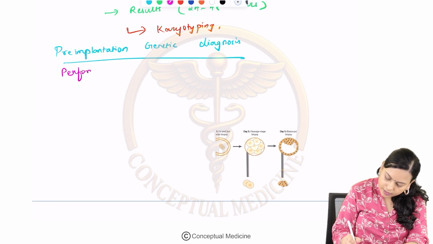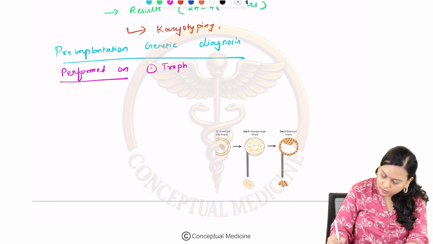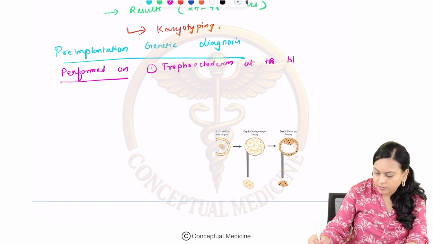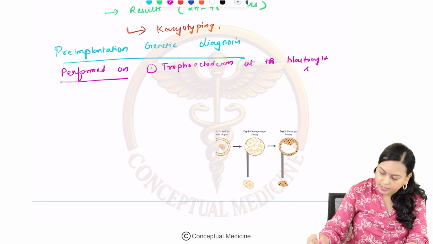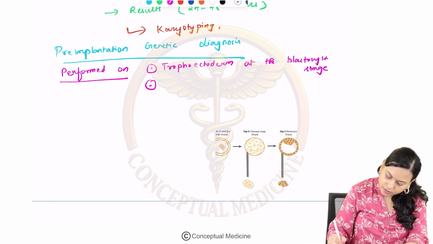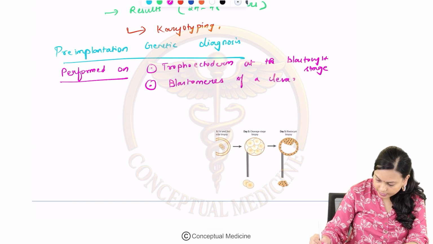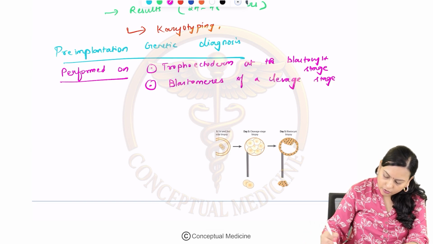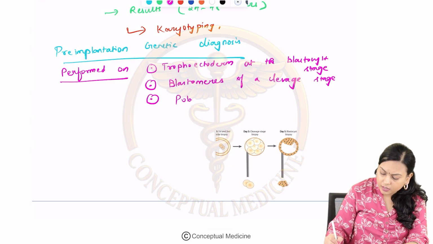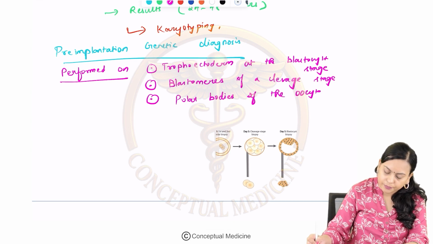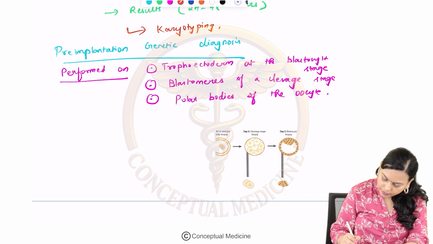So this is usually performed on either the trophoectoderm at the blastocyst stage or the blastomeres of the cleavage stage or even the polar bodies of the oocyte.